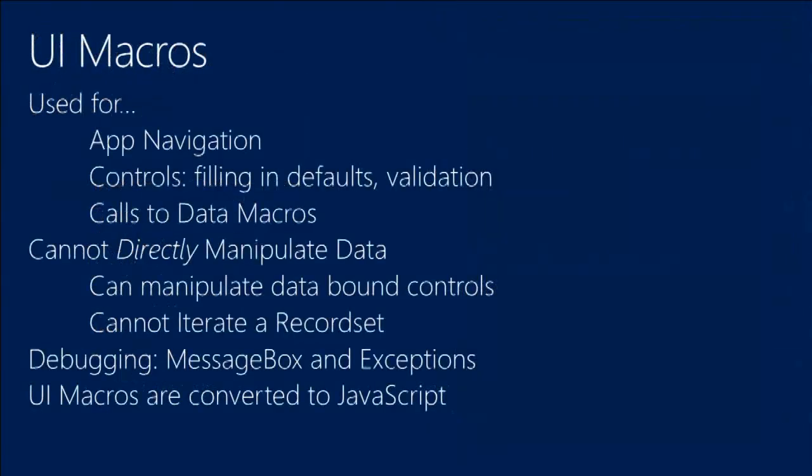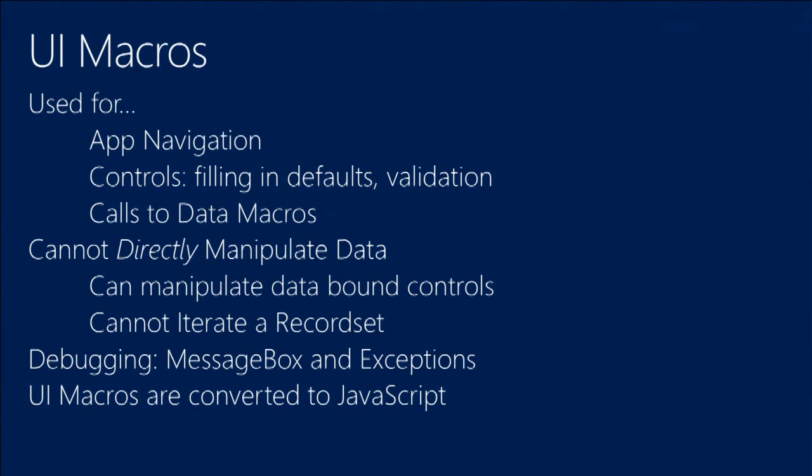So let me describe macros in a little bit more detail. Like I said, there's two kinds: UI macros and data macros. UI macros are used for a few different types of things. They can be used for app navigation, so oftentimes if you have a button, you would want to have that navigate somewhere. They can also be used for filling in default values for various controls or doing validation.